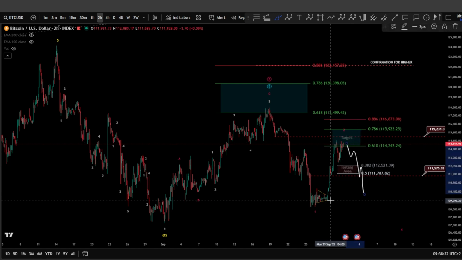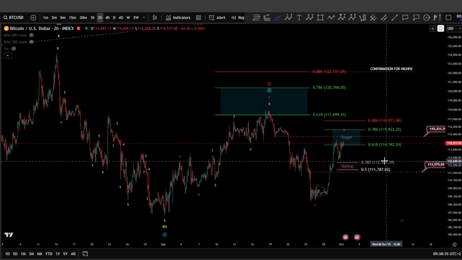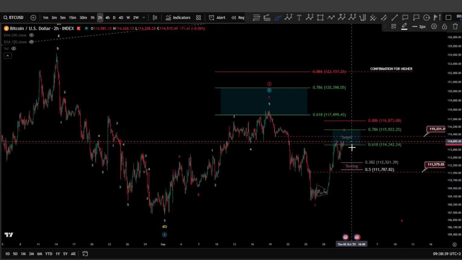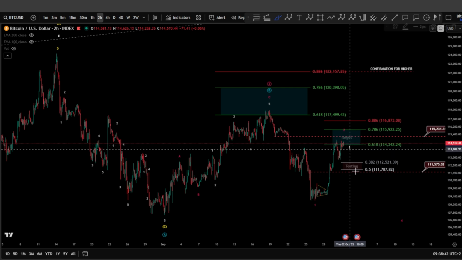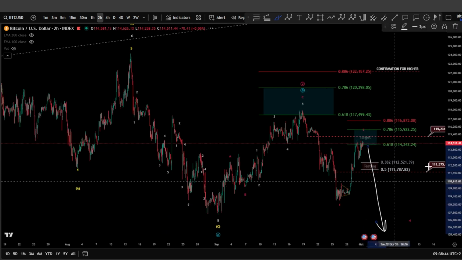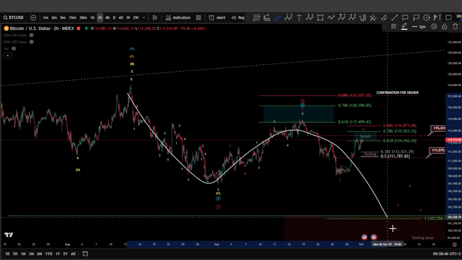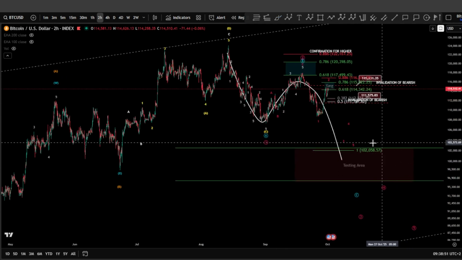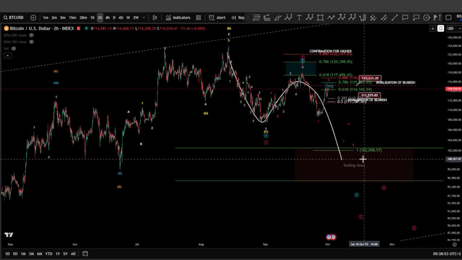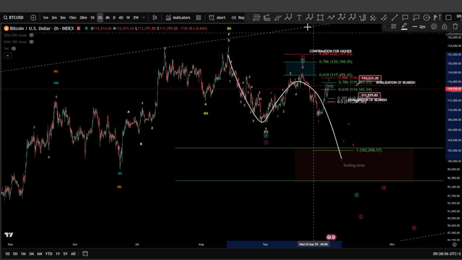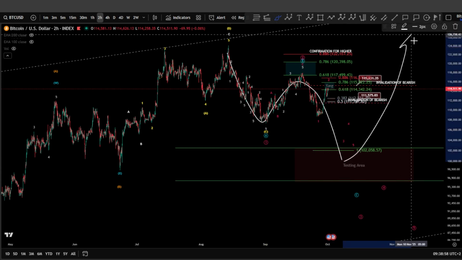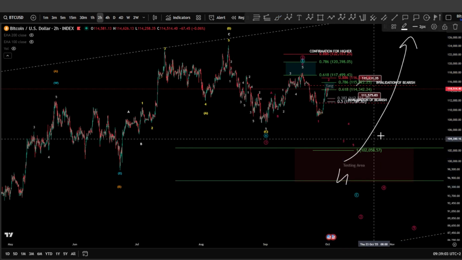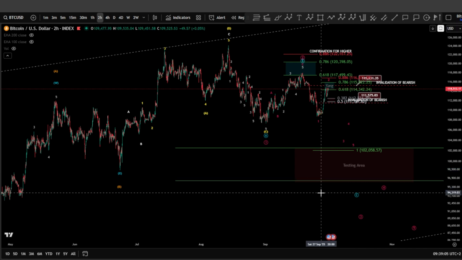But if we see an impulse continuation for lower, taking our testing area again and passing it or overshooting it, well, we have to consider definitely a bearish scenario, at least starting with the A, B, and a C, which is the wave 4 as an ending diagonal, testing our zone here between the 100K, 102K. Wave 4 here, ending diagonal, and then moving up for wave 5 in case this area will unfold something bullish.